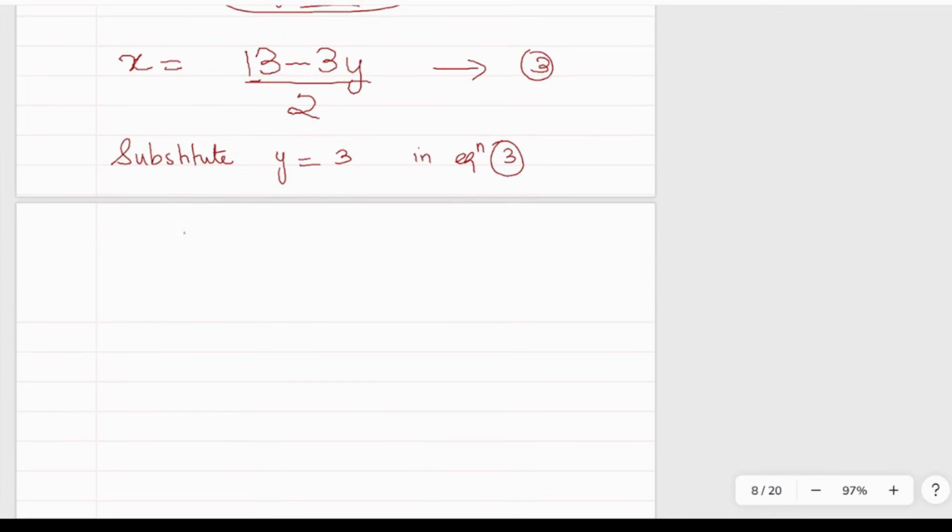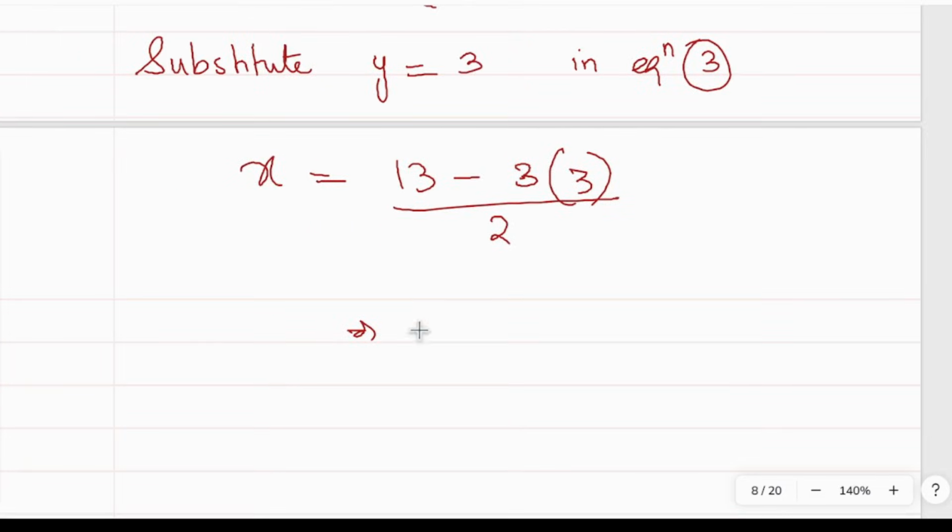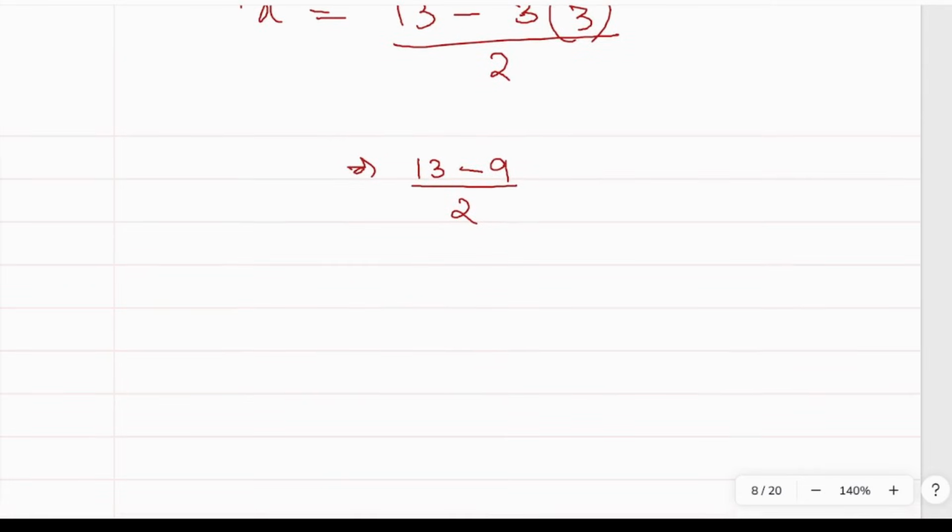That is x equal to 13 minus 3 into 3 divided by 2, which is equal to 13 minus 9 divided by 2, which is equal to 4 divided by 2, which is 2. So my x is going to be 2.